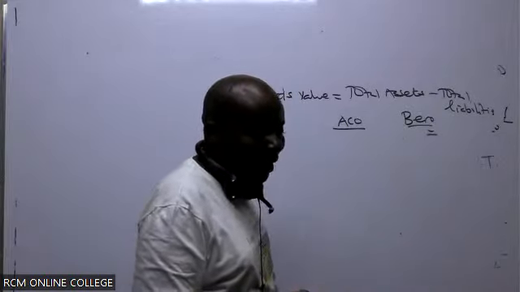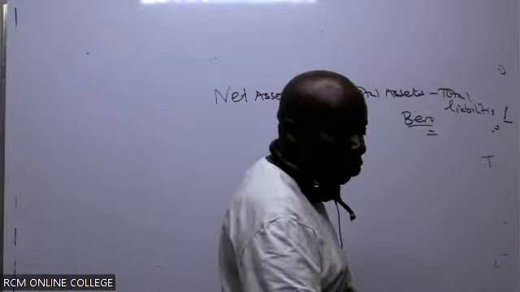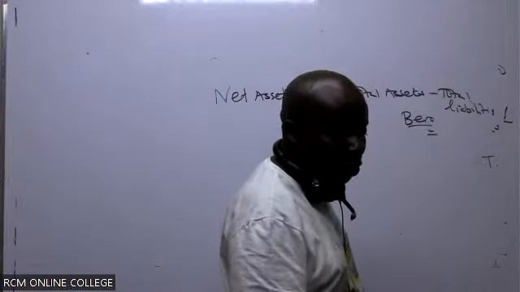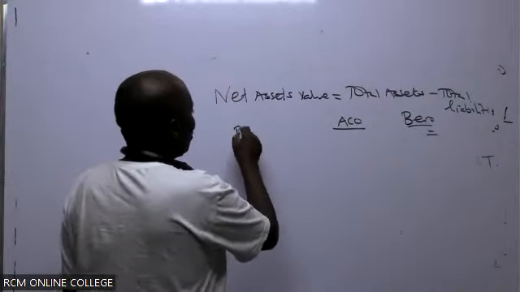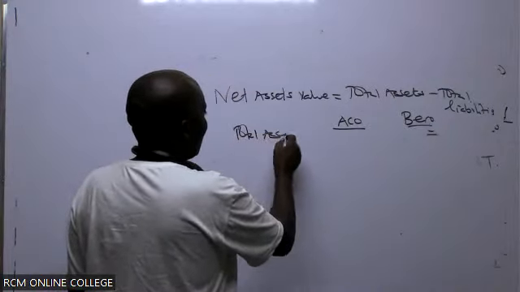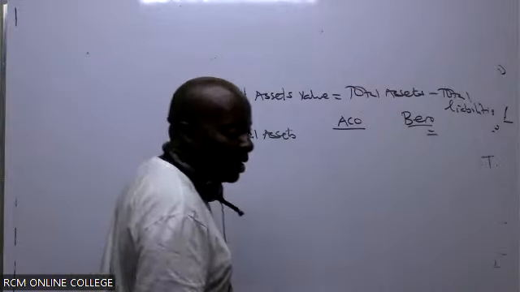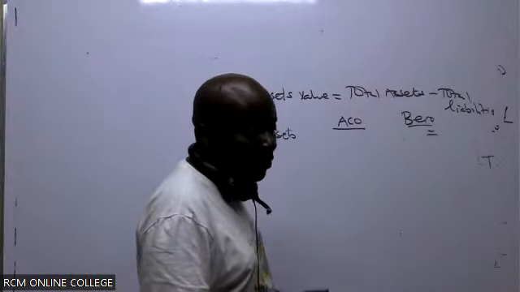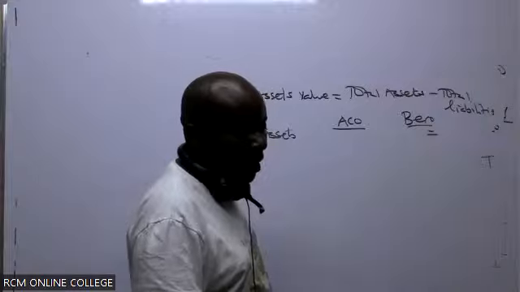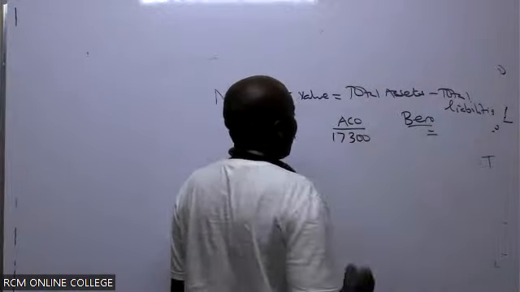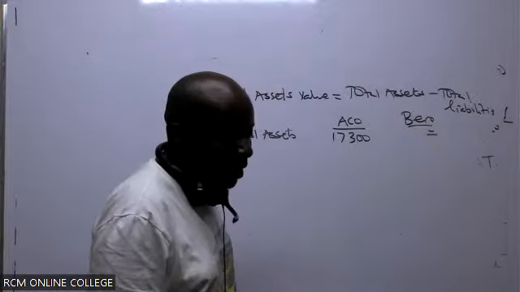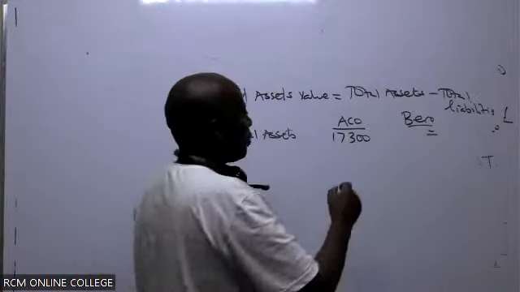These guys have given us total assets. You can see for ACO, where we have non-current and net current, it is 17,300. And Bero is 6,100.